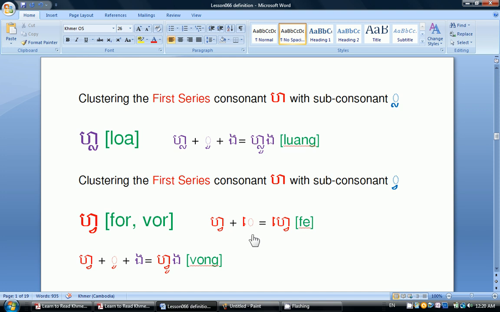However, for this word here, it has the vowel sound. So there are two sounds, because of different words.